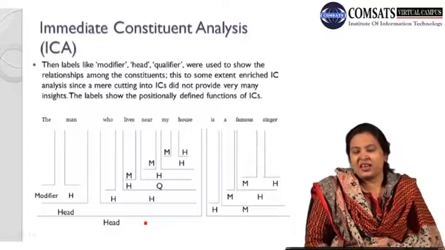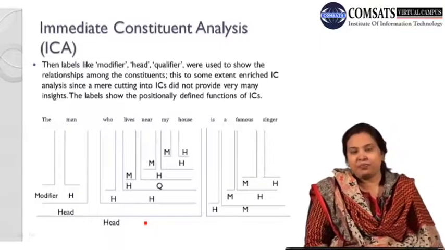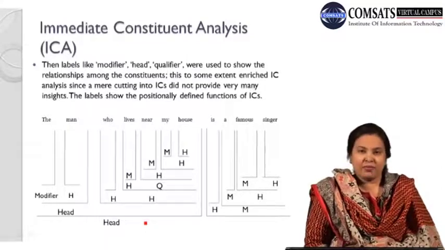This is to some extent an enriched IC analysis, since a mere cutting into ICs did not provide very much insight. The labels show the positionally defined functions of ICs. Now it seems to be quite difficult, but it is not that much.